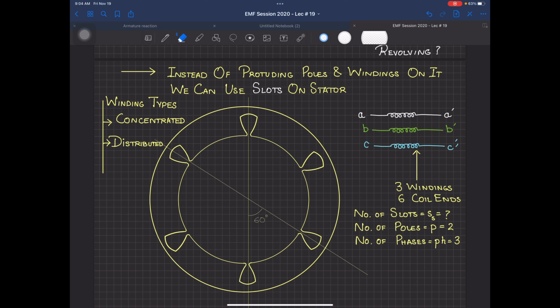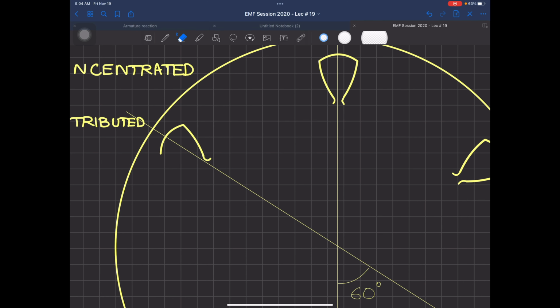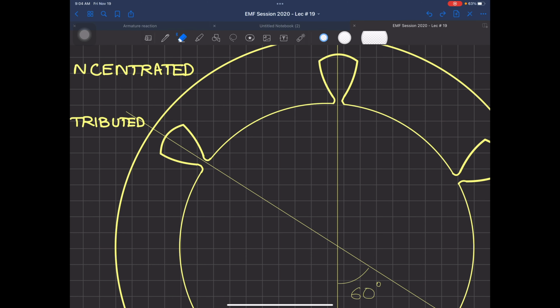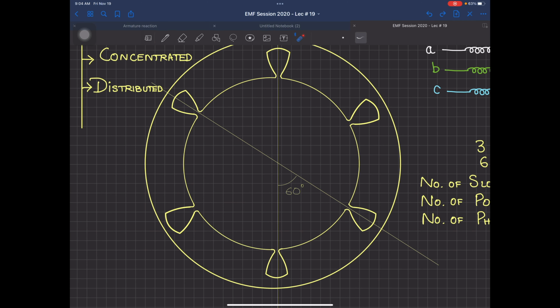But overall, the shape of the stator slot is very important in the design. So you can see I have changed the shape of my stator slot over here. Instead of circular, I have made it trapezoidal.